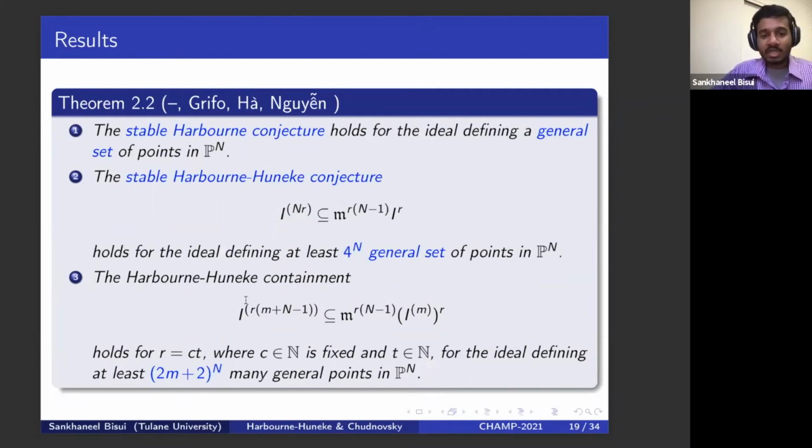And lastly, the Harbourne-Huneke containment I symbolic power (rm plus n minus 1) sits inside M^(rn minus 1) times the mth symbolic power of I to the power r. This is true for that special configuration where r is Ct for some fixed C and all t in N, and for at least (2m plus 2) to the power n many general points in the projective space.